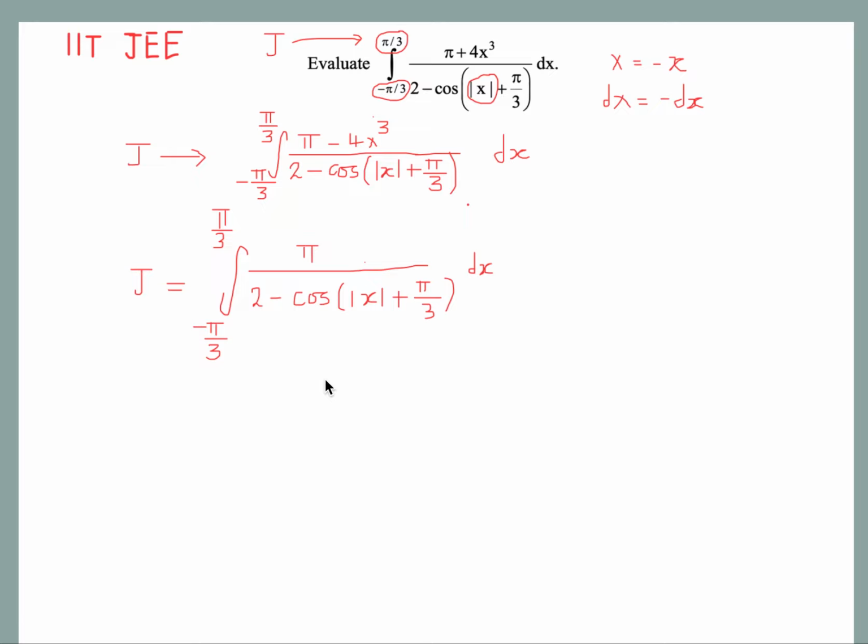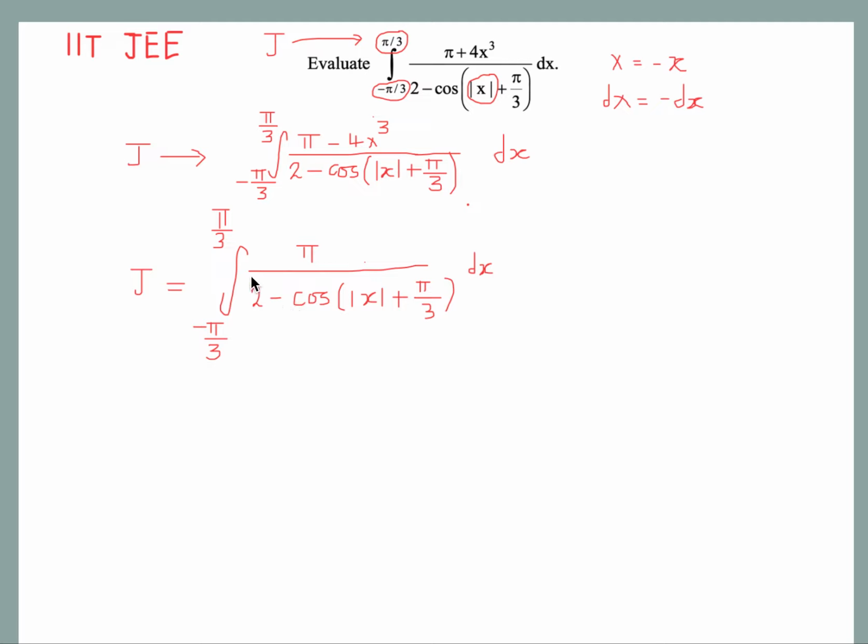The next issue is the absolute value sign here. It's not a nice thing to integrate, but a trick to deal with it is to look at the function that you've got. The only variable here is the absolute value of x, so it doesn't matter if these values were negative; they would be exactly the same as if they were positive.